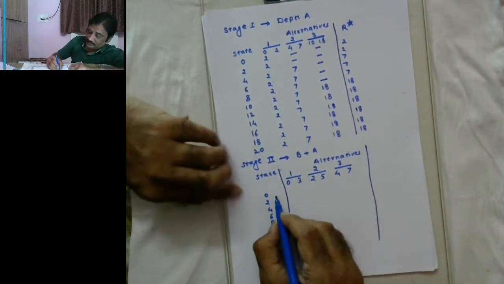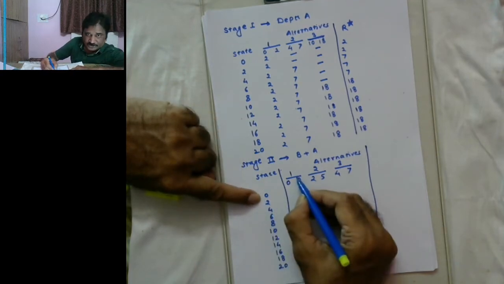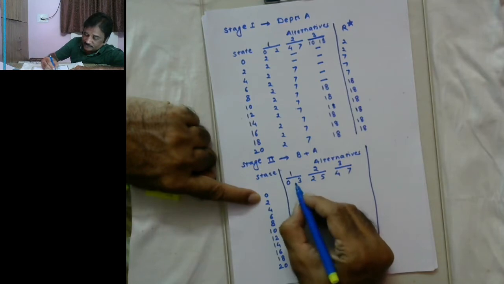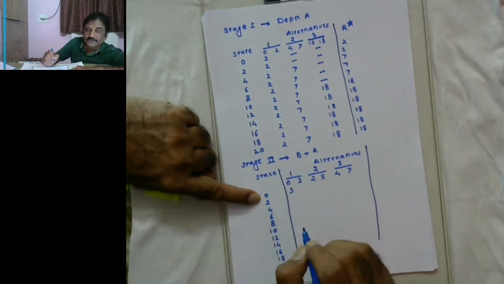Now, suppose I have 0 crore rupees, can I use the first alternative? Yes, I can. And if I do that, return will be 3 crore rupees because this value is return.